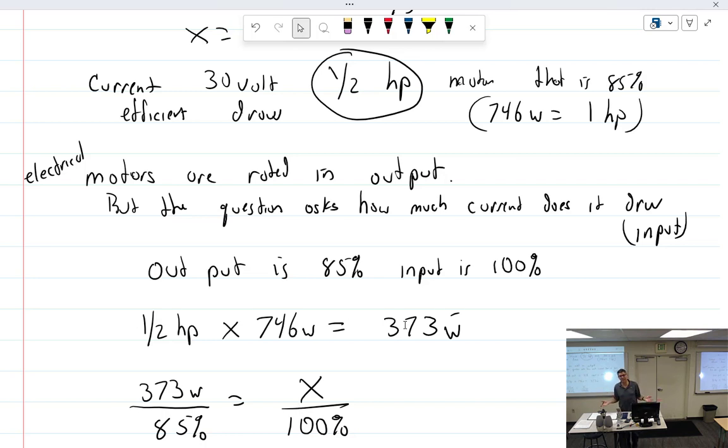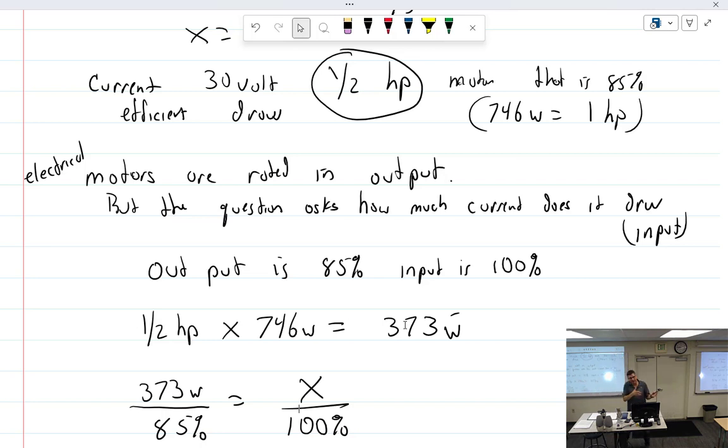You never get something for nothing. So if I put in 100 watts of power, how much do I get out of this one? 85 watts. Everybody see that?